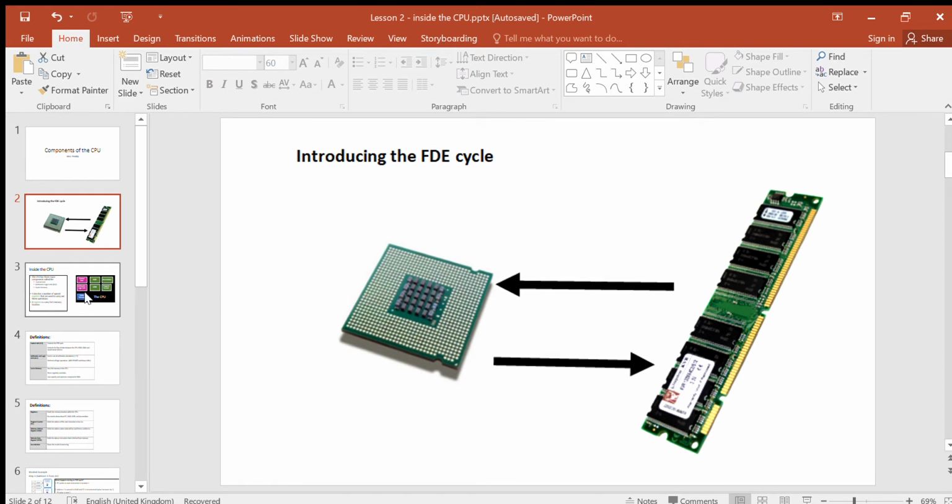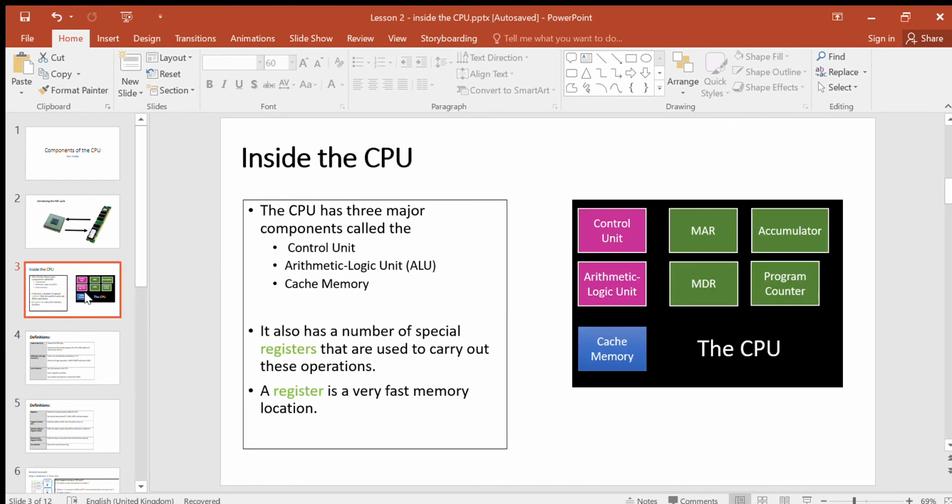Okay, so there is a certain level of abstraction when we're talking about the components within the CPU. If you were studying at A-level or completing a degree in computer science, you would look at the other elements. We obviously are concerned with GCSE, so these are the components that we're going to concern ourselves with. Okay, so to start with, we've got two units. The first one is the control unit, and the second is the arithmetic and logic unit.